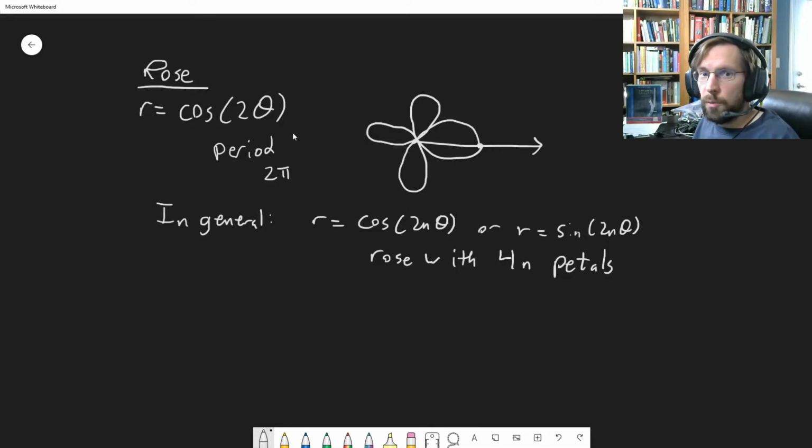Okay, because we saw here we had 2 theta, and we have 1, 2, 3, 4 petals.